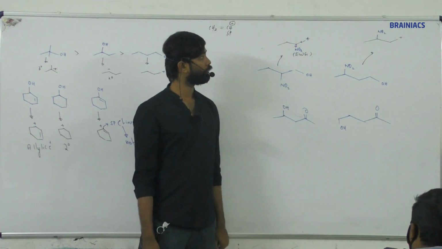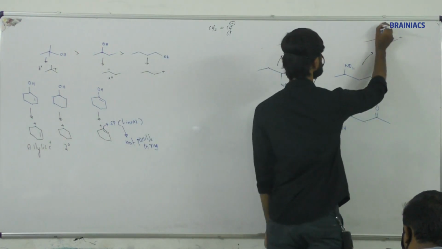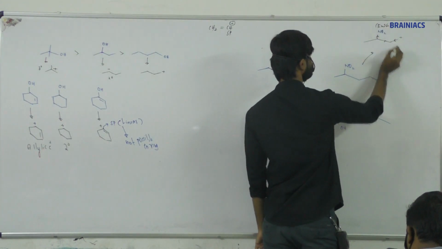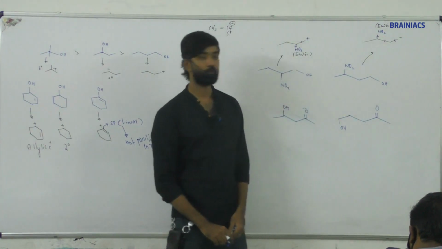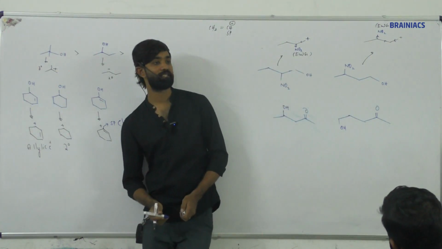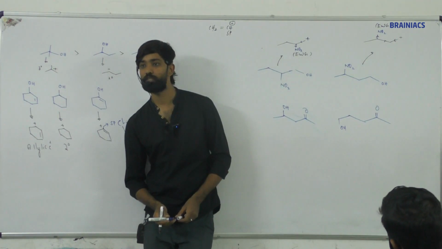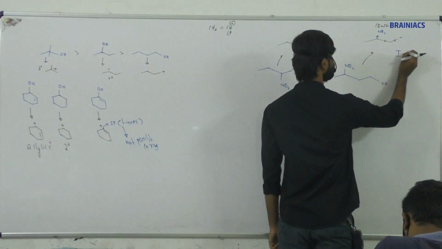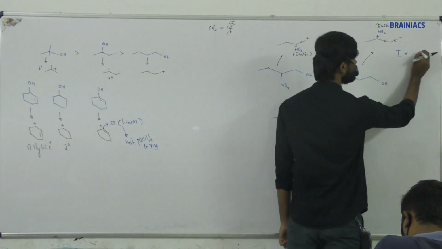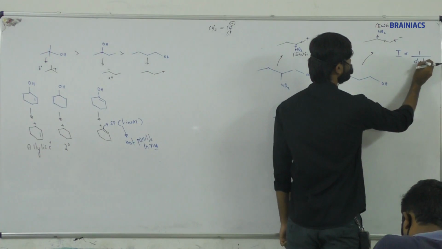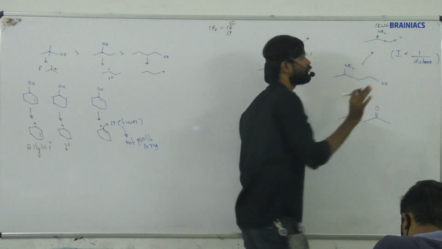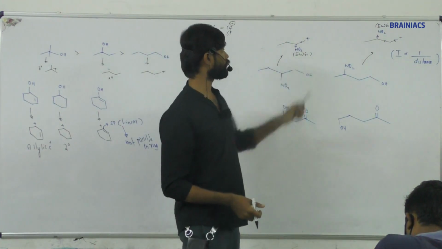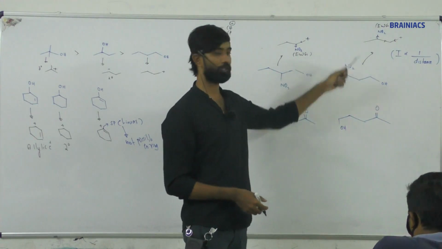Then what about the next? This is also an electron withdrawing group. Then which one is more stable? The inductive effect depends on distance. Any kind of inductive effect, plus I or minus I, is inversely related to distance: as distance increases, the inductive effect decreases. So where is the minus I maximum, in the first one or the second one?